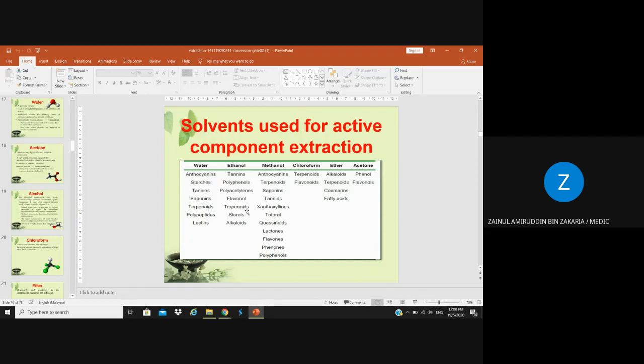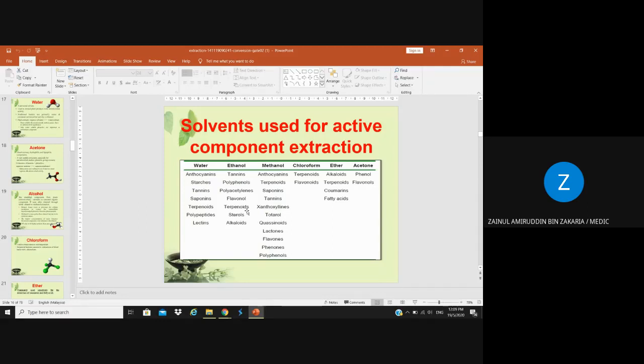So what you need to do, you put ethyl acetate into the water-ethanol mixture, the earlier part. After you take out the petroleum ether, you put ethyl acetate, then you shake it several times, and then you leave it for 1 hour or 2 hours, and then you will get another 2 layers.